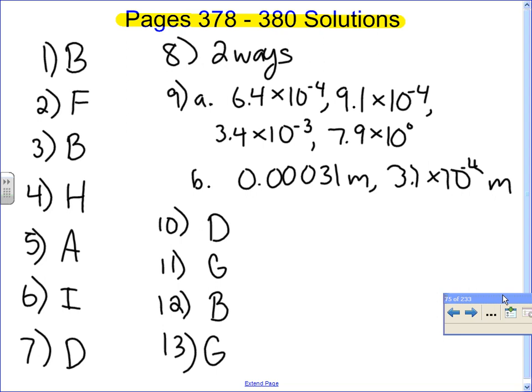Remember, if it's a negative, you're moving the decimal point to the left. So for example, that 9.1 times 10 to the -4th, move your decimal point to the left 4 places. And then the 6 times 10 to the -4th, move the decimal point to the left 4 places. You should have 3 zeros in each of them. And then when you subtract each of them, you get 0.00031. You okay? Okay. Annalise?